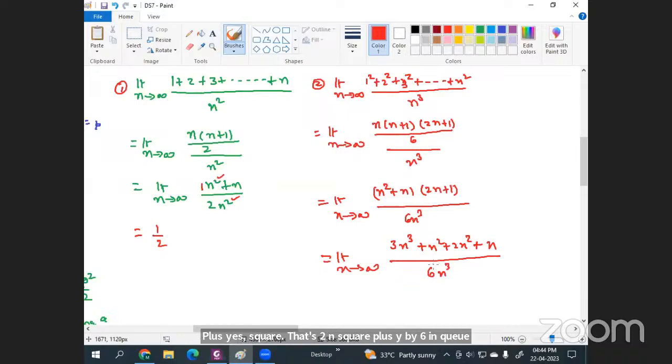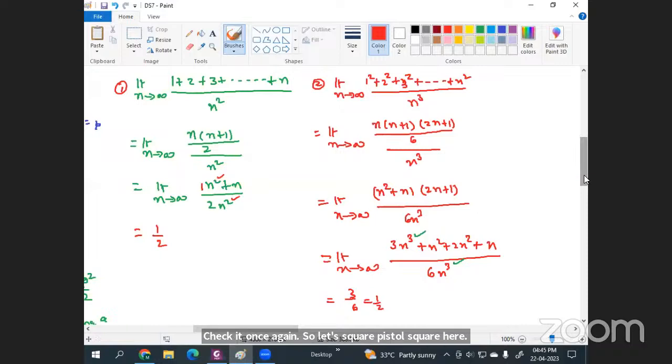So highest degree is how much we have? 3. Denominator also, highest degree is 3. Then both are equal. So its coefficient I can take 3 by 6. It is 1 by 2. Correct now? So anything else here? 3 by 6, we got it as 1 by 2. Check it once again. So 1 square plus 2 square here, 6n cube.